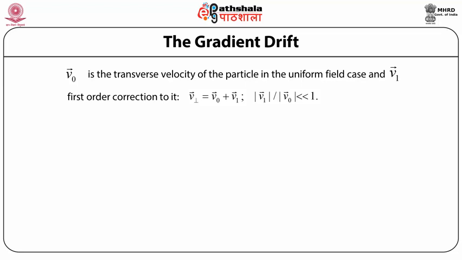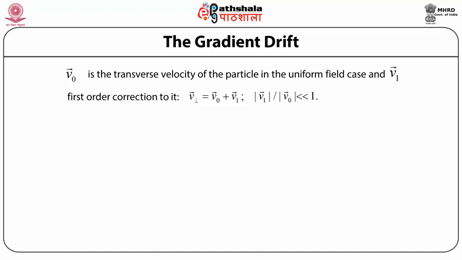Since the non-uniformity of the field is small, the magnitude of V1 is small compared to that of V naught. So let us write V perpendicular equals V naught plus V1 for the transverse component of the velocity of the particle.